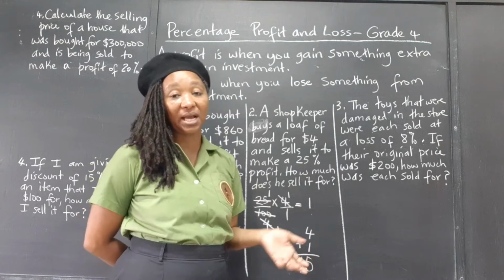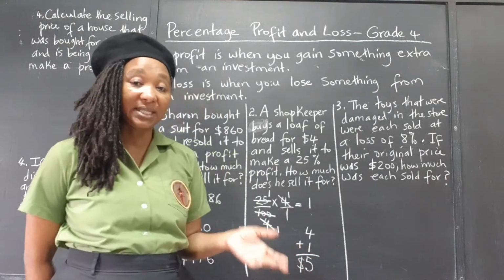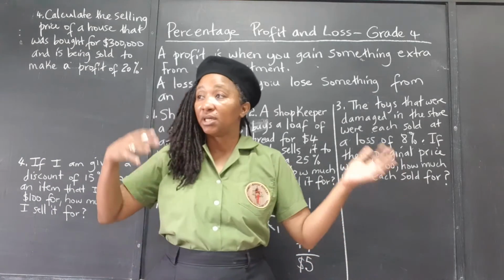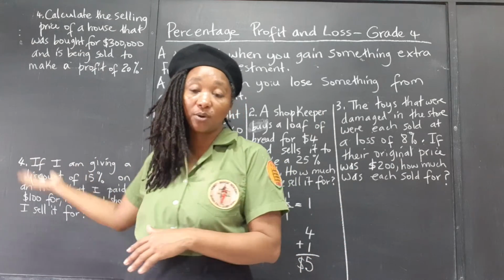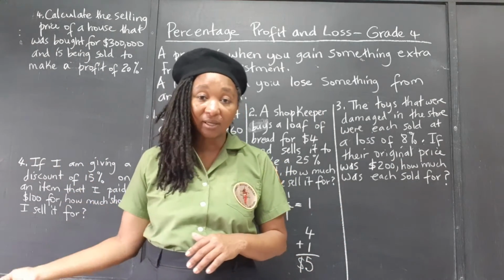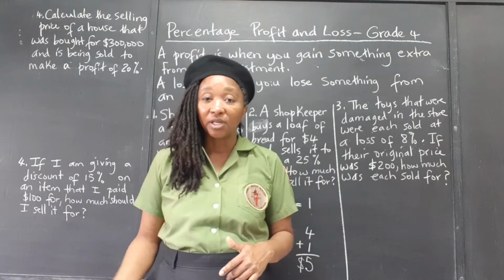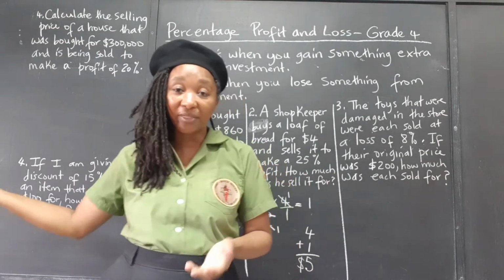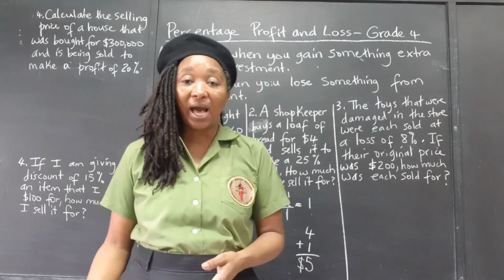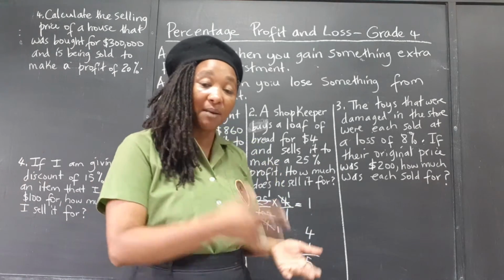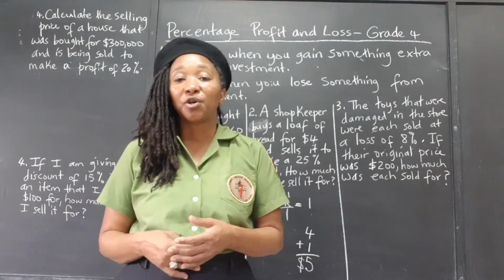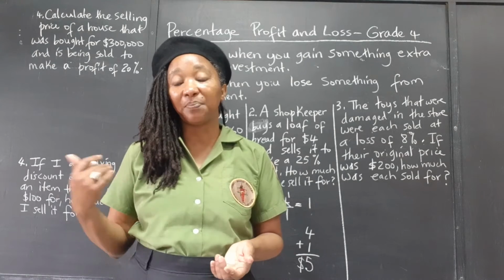He wants to make a 25% profit because he had to get up and go to the wholesale maybe miles away, pay bus fare. It took him time to go and buy the bread and other stuff, and probably had to pay to get them back in, right? So he can't charge you the same amount that he paid for the bread.